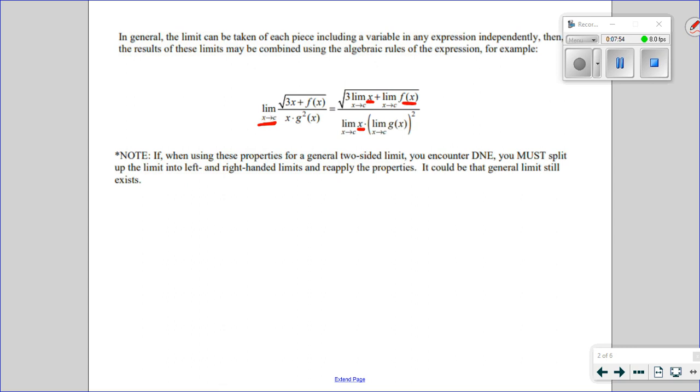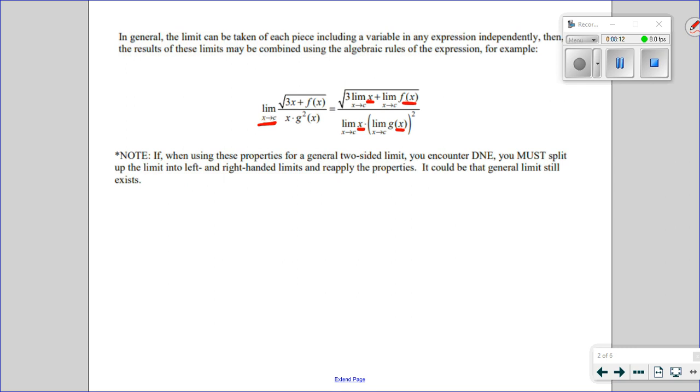So notice how we were able to kind of break that apart into individual limits. Then we can evaluate those limits and then just follow the algebraic rules of the expression to get a final answer. Okay?